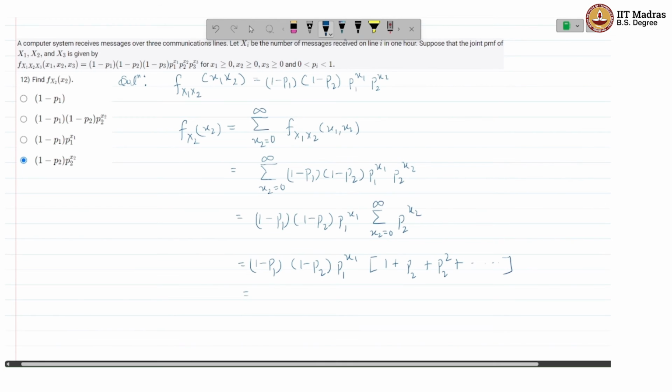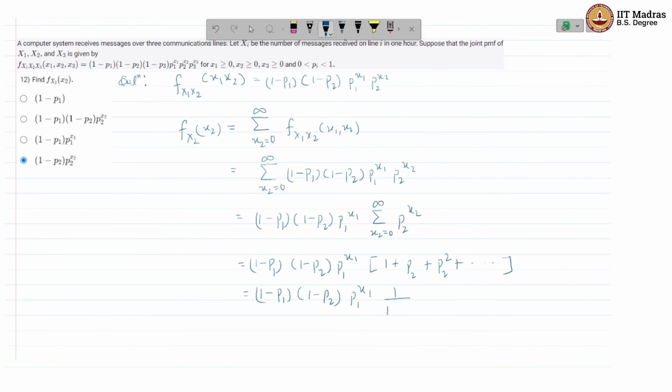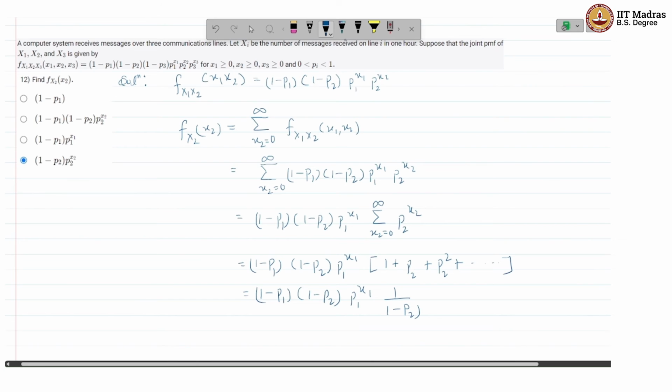Now we'll use the formula for the sum of an infinite GP series. So in further simplification, we'll get (1 minus p1)(1 minus p2) p2 raised to the power x2, and on applying the formula, we'll get 1 by 1 minus p1.